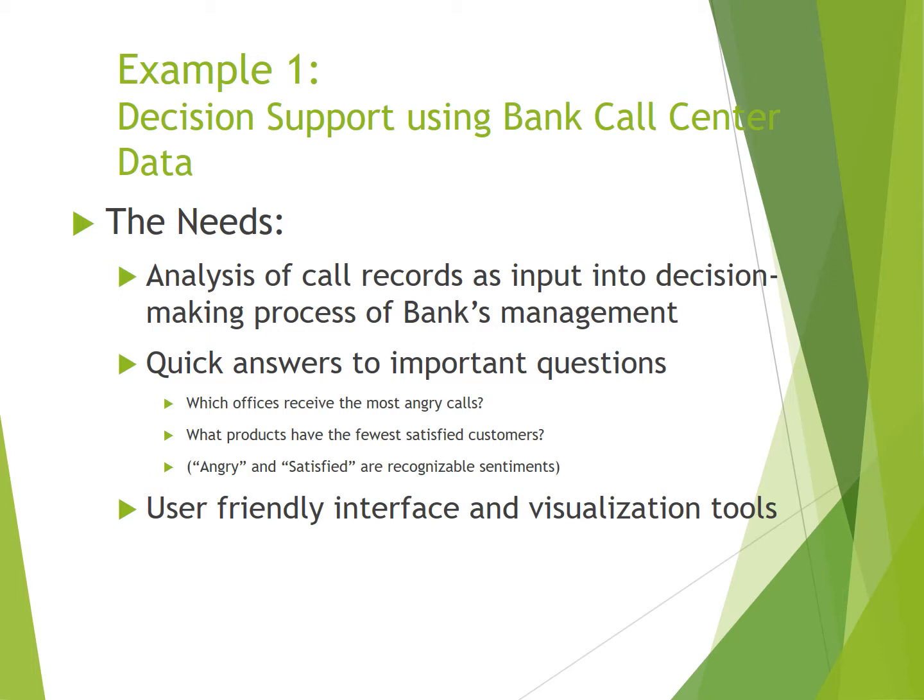Let's say they're angry, who's very good at that, or maybe has some past history and familiarization with that customer. And then also to create a user-friendly interface and visualizing everything we know about the customer.